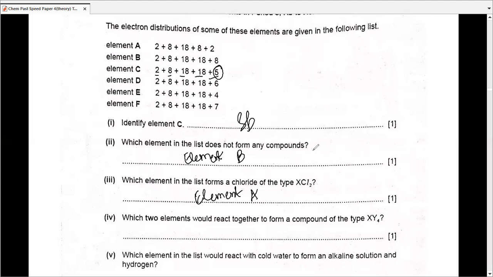Which two elements would react to form a compound of the type XY4?